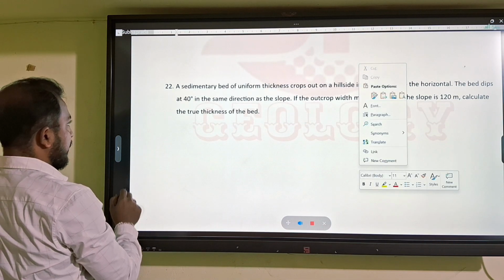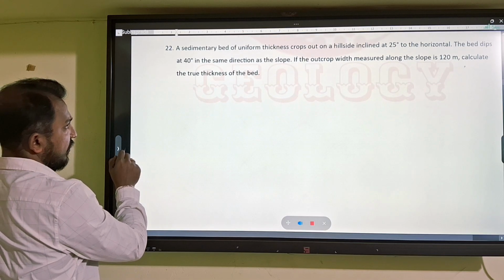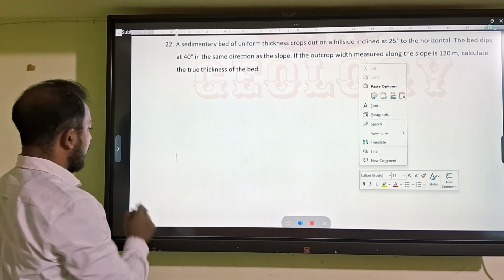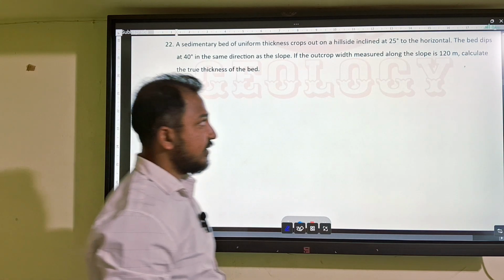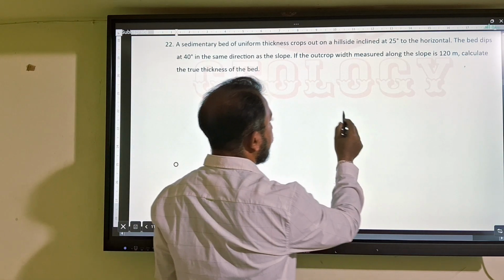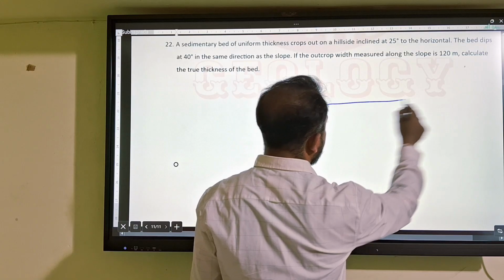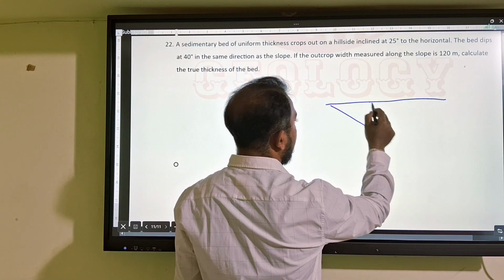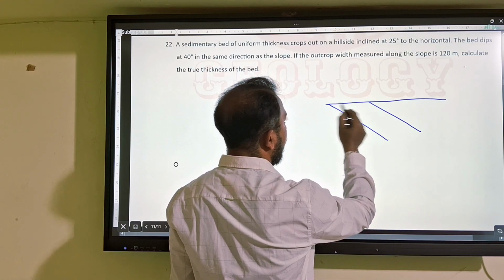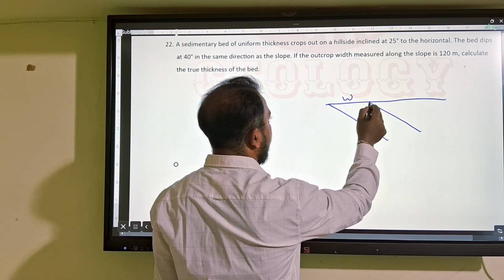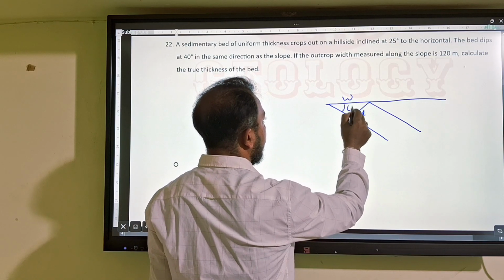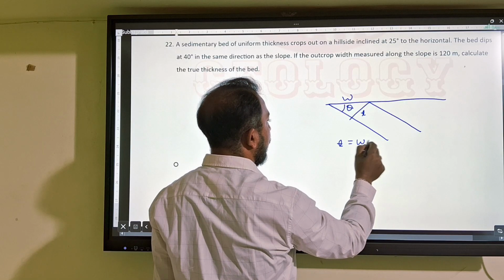That is your thickness. First I will tell the formulas. So true thickness. Suppose a bed exposed on a horizontal ground, the ground doesn't have any slope. This will be the outcrop width W, this will be the true thickness, this will be the dip of the beds, and T equal to W sine theta.